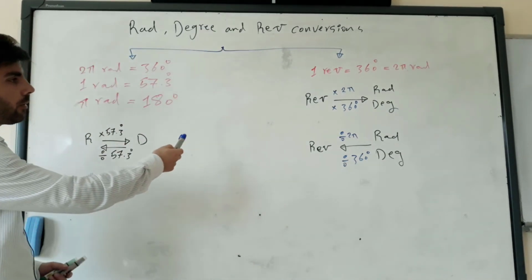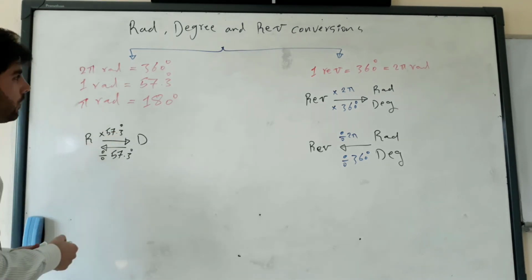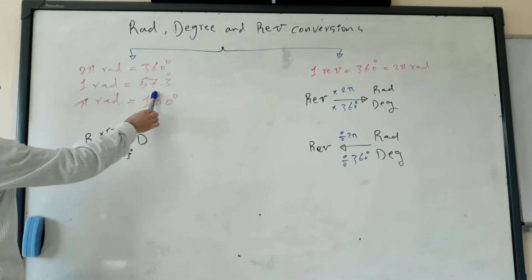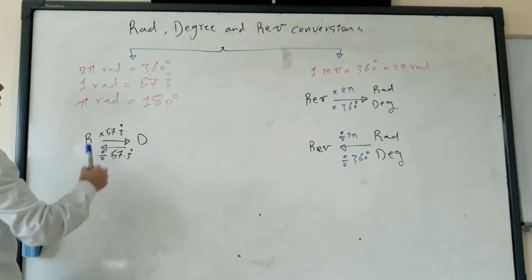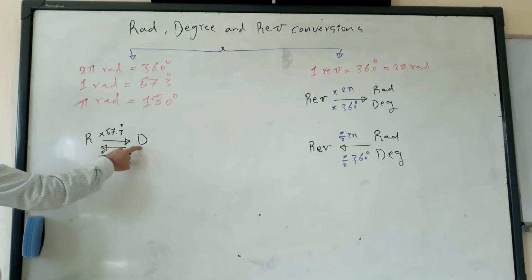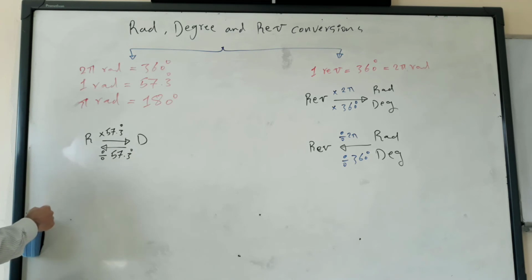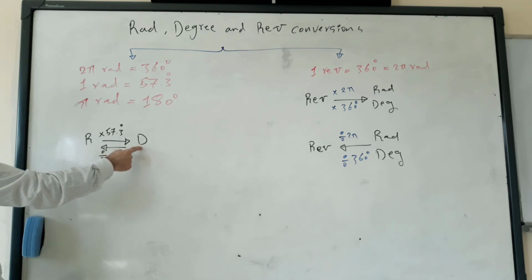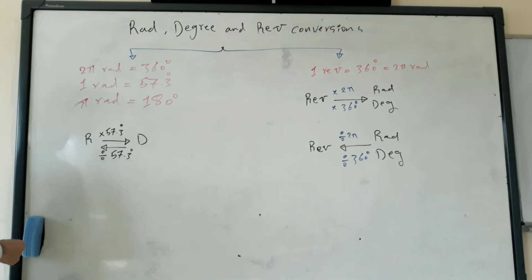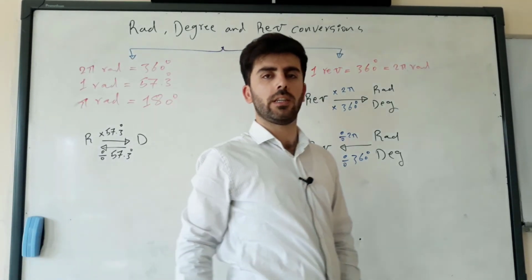You know that 2 pi radian is equal to 360 degrees, 1 radian is equal to 57.3 degrees, pi radian is equal to 180 degrees. So if you want to convert radian to degree, just multiply it by 57.3, okay? Because 1 radian is equal to 57.3. And vice versa. If you have degree and you want to convert it to radian, just divide it by 57.3 degrees, okay? You can use these two actually as well, but no need actually. This one is the easiest one.